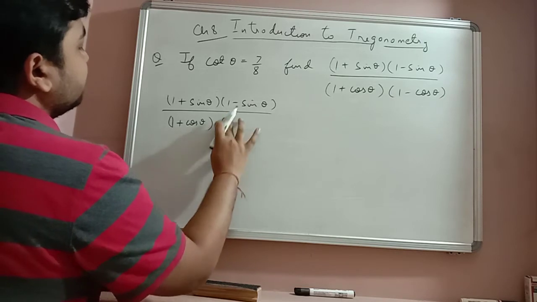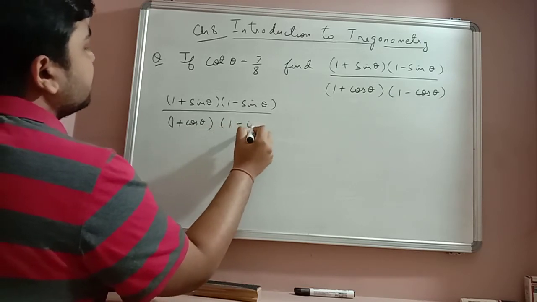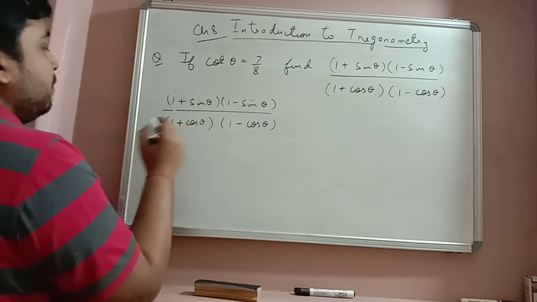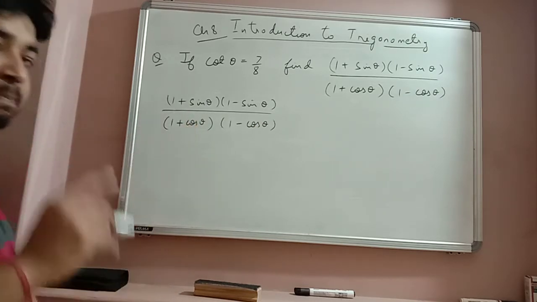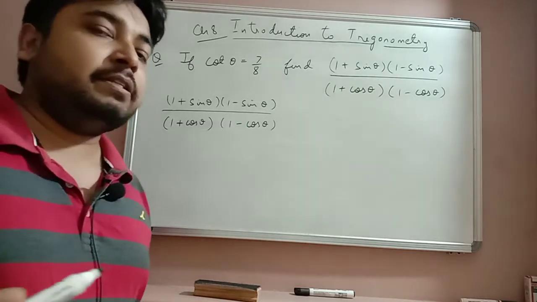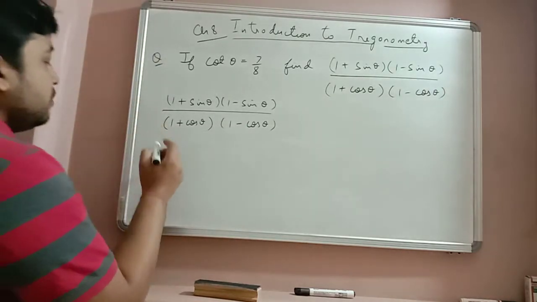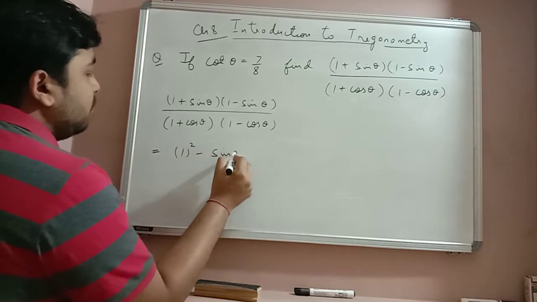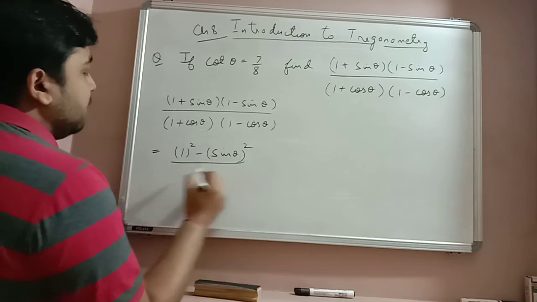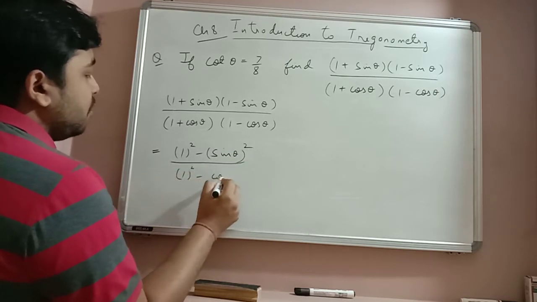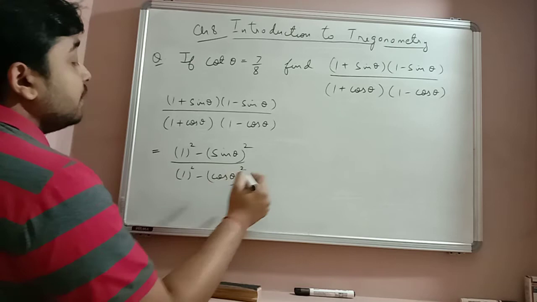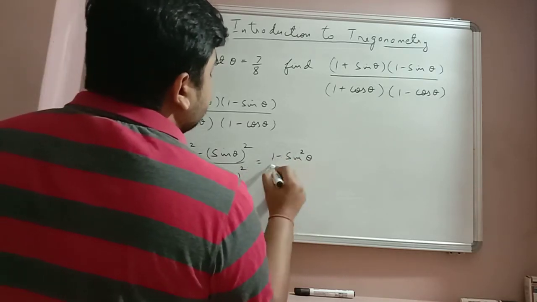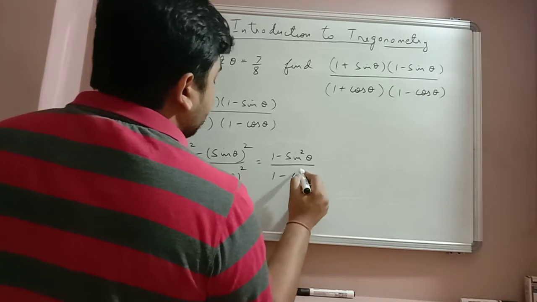Now both the numerator and denominator are of the form a plus b into a minus b. So a plus b into a minus b is equals to a square minus b square. So this can be easily written as 1 square minus sine theta whole square upon again 1 square minus cos theta whole square. Now this can be simply written as 1 minus sine square theta upon 1 minus cos square theta.